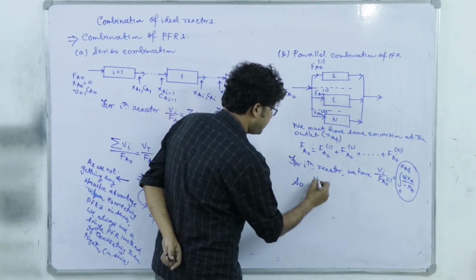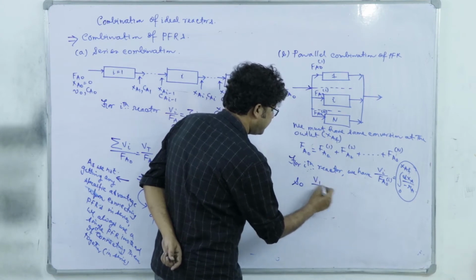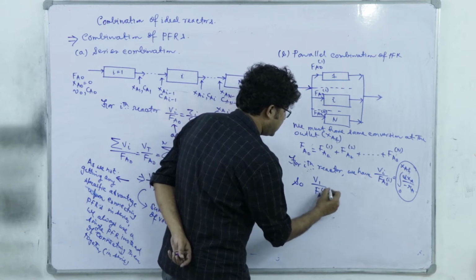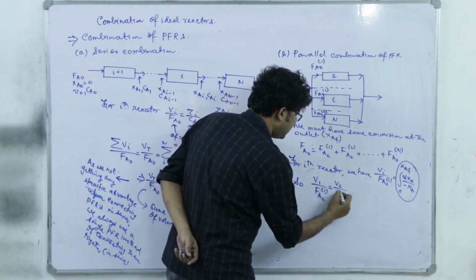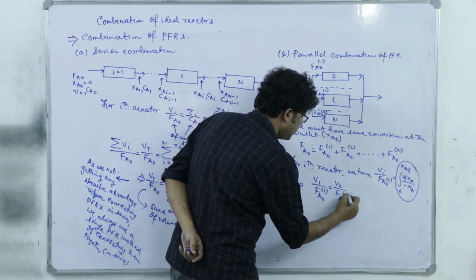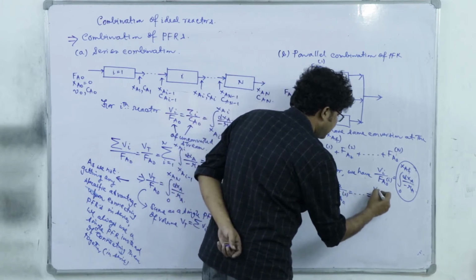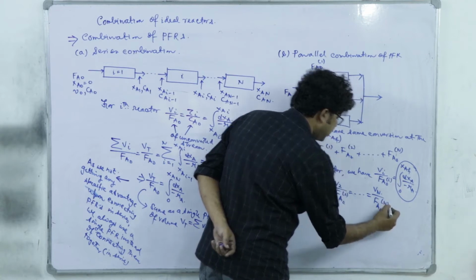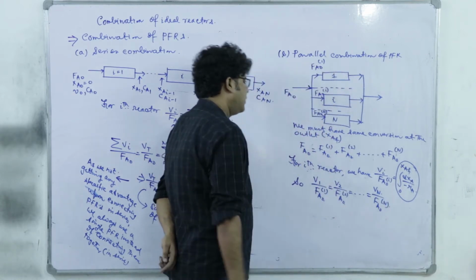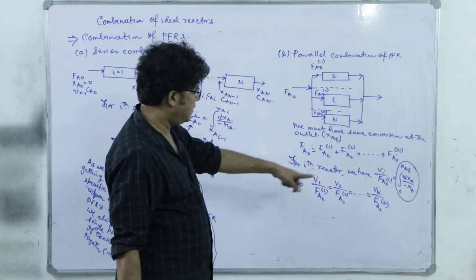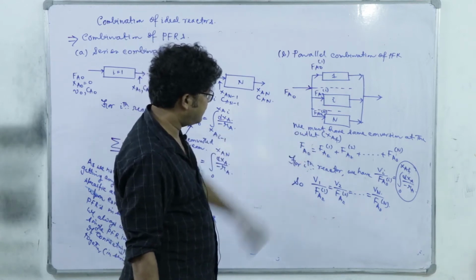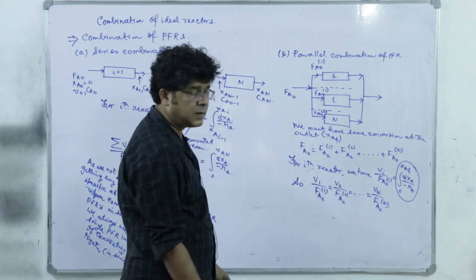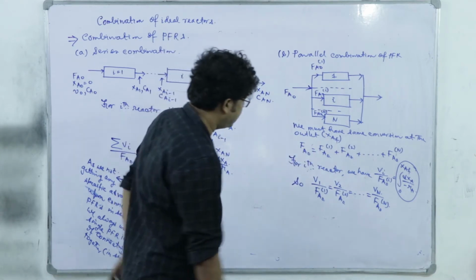So, V1 by Fa naught 1, V2 by Fa naught 2, Vn by Fa naught n. Right. So, we are getting here n number of equations and from there we can solve n minus 1 and actually this is 1. So, total n number of equations.